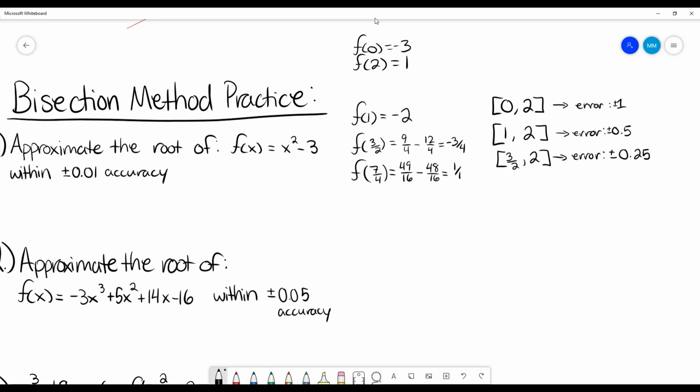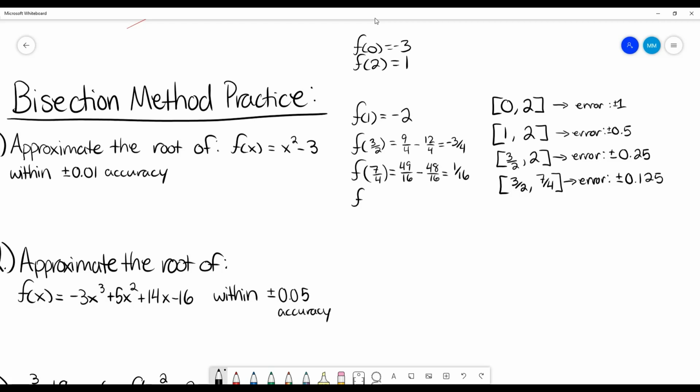So we get 1/16. Oh, and this one's positive now. So we're not going to replace this x value with it. We're going to replace our positive one. So now it goes from 3/2 to 7/4. And now our maximum error is cut in half again.